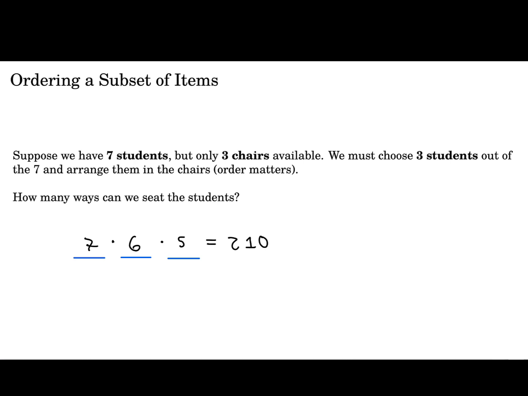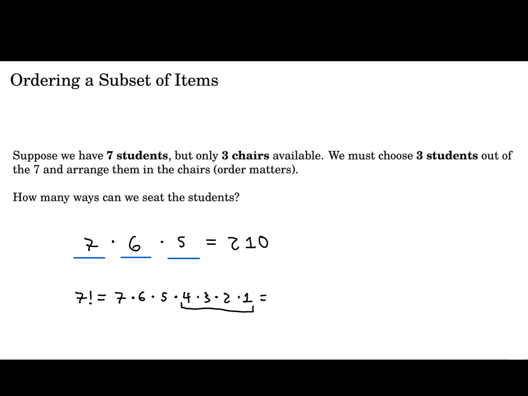Now, we can actually relate this to factorials in the following way. Notice that we can write 7 factorial, which is equal to 7 times 6 times 5 times 4 times 3 times 2 times 1. And this part here is 4 factorial.